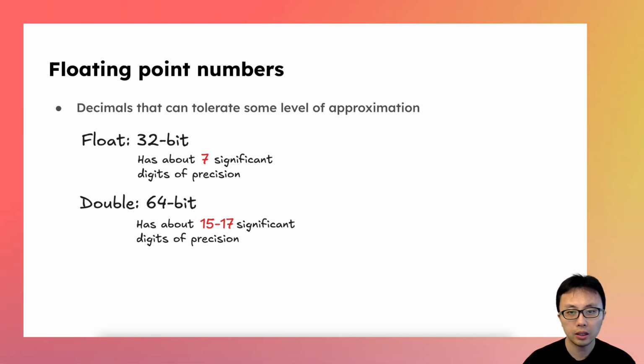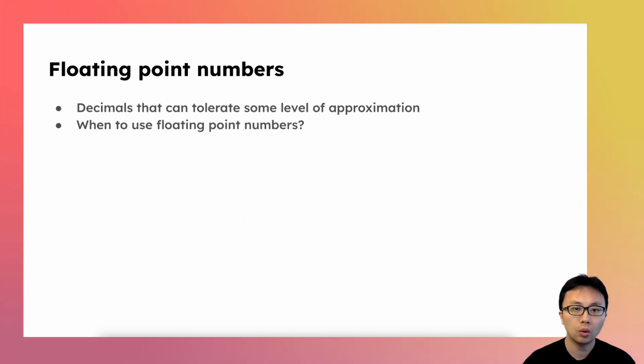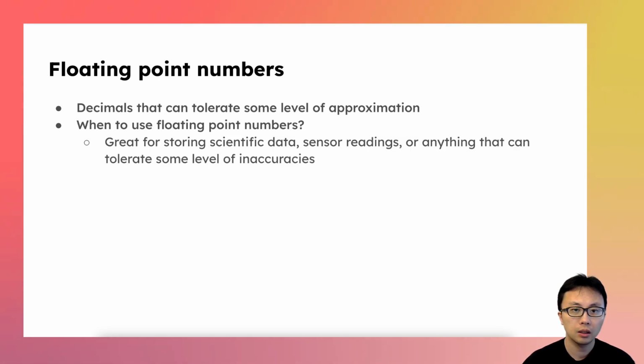Float can guarantee about 7 significant digits of precision, while double can guarantee about 15 to 17 significant digits of precision. So, what would be a good use case to assign floating point numbers as a data type for an attribute? When you have an attribute that stores decimal data that can tolerate some level of inaccuracy, such as sensor reading or scientific data.